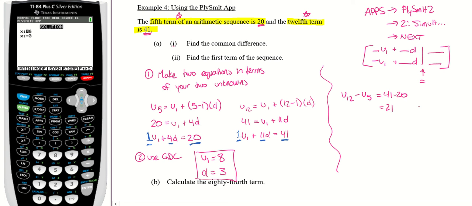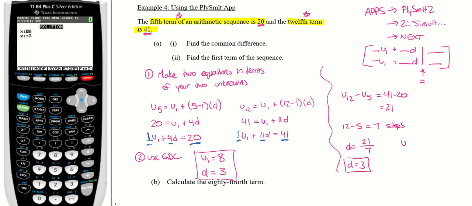In between 5 and 12, if you think about the term numbers or the placements, 12 minus 5 is 7 steps. So what we're really figuring out is that we account for a difference of 21 in our values, and that difference of 21 is spread out over 7 steps. So our common difference is going to be that difference of 21 equally spread amongst those 7 steps, which means our common difference is 3.